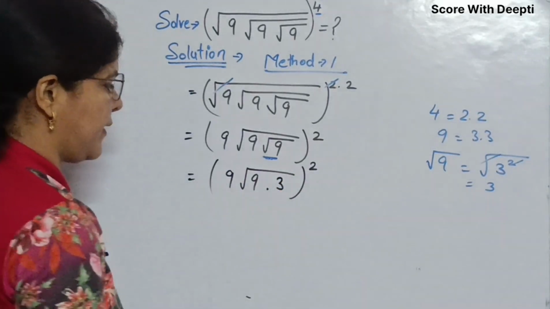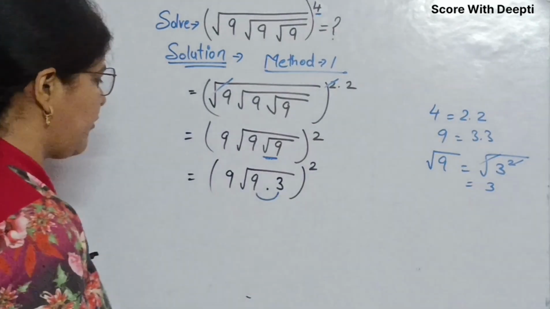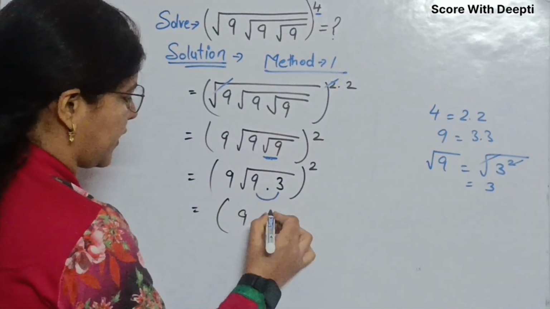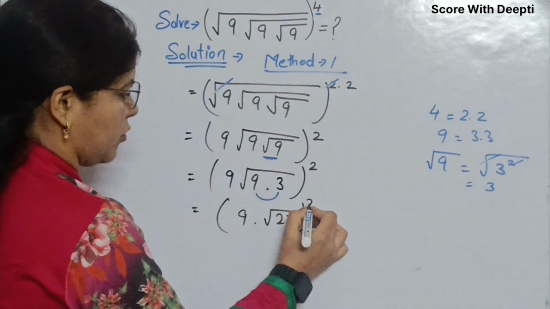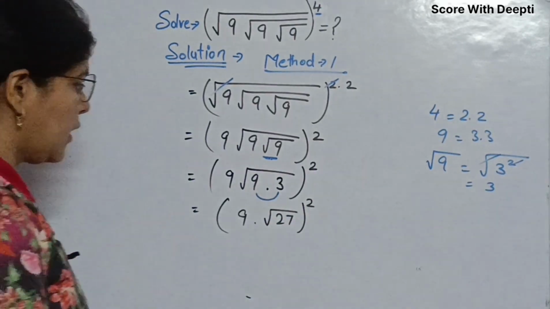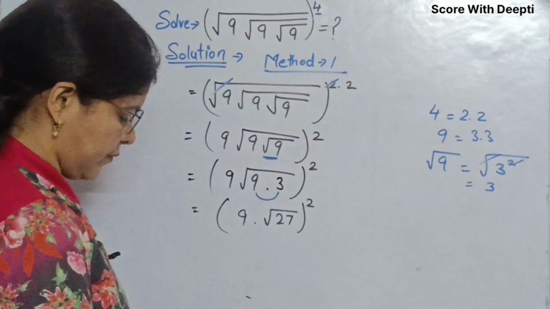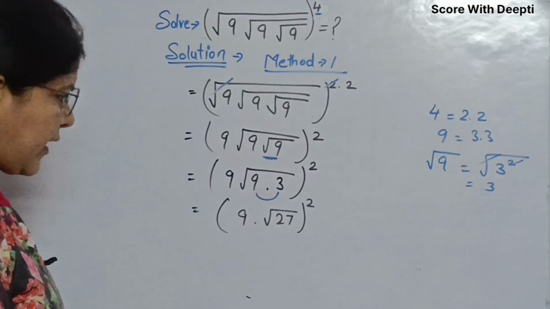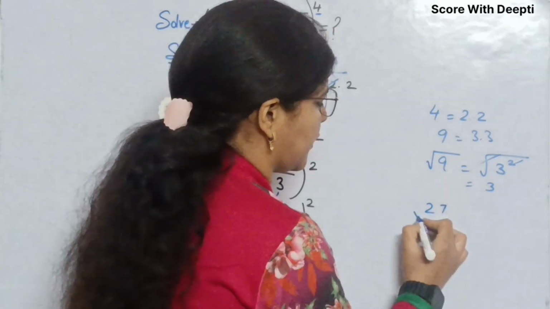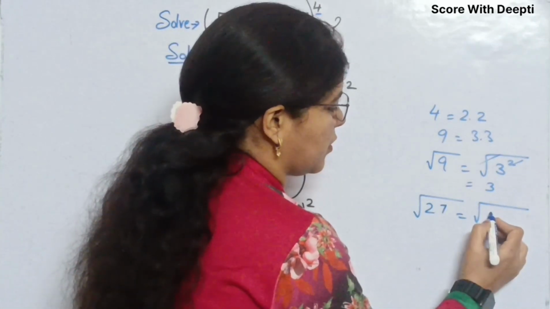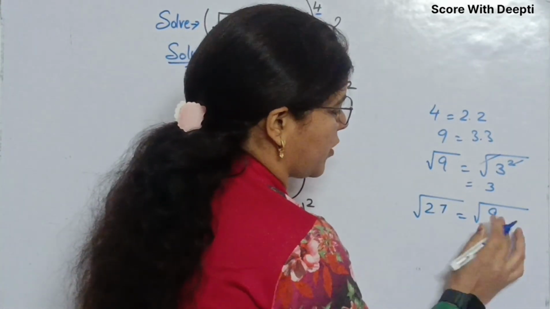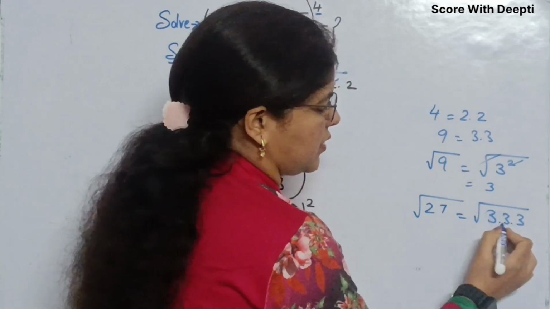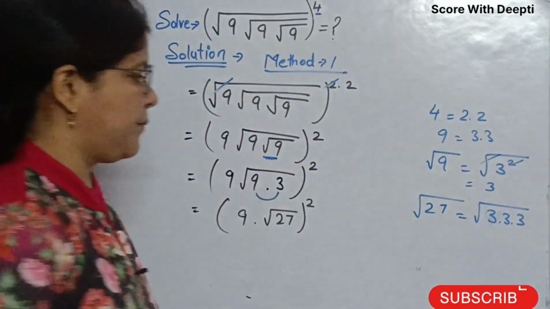Next we multiply 9 with 3 and we get 27, whole square. Next we solve 27. 27 can be written as square root 27, which is square root of 9, 3 into 3 into 3. 3 3s are 9, 3 9s are 27.